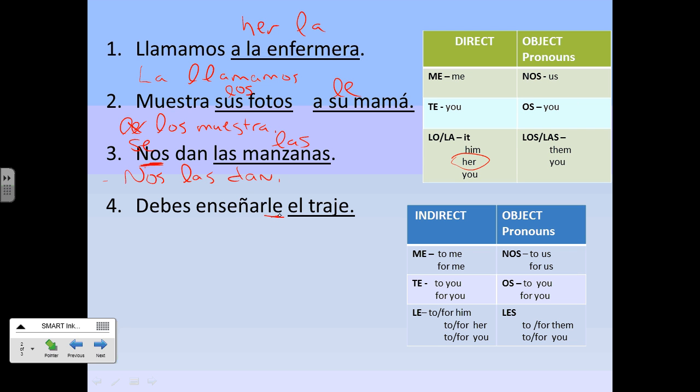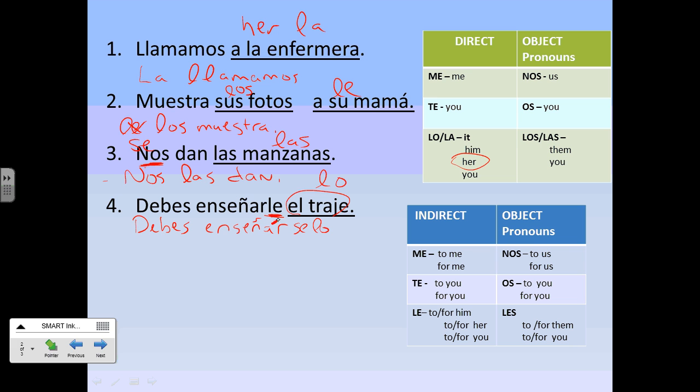Here, take a look, be careful, you already have the indirect object attached. So what you have to do is you also have to attach the direct, which is lo. So, debes enseñar, okay, you'll have two L's together, so say se lo.